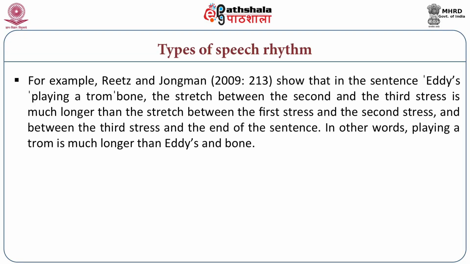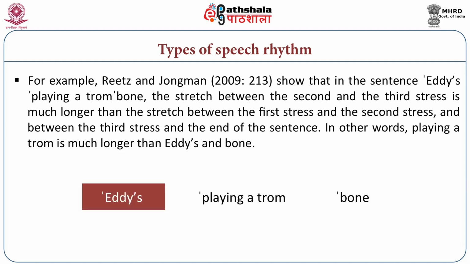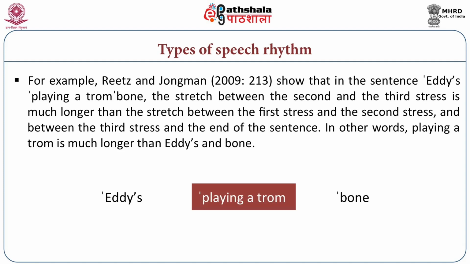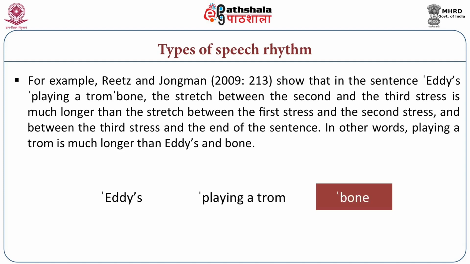For example, in a very useful book on phonetics, Reeds and Youngman show that in a sentence such as "Eddie is playing a trombone", we have three stresses, but the duration between them is not equal. So essentially you have three different stretches, starting from "Eddie is", then "playing a trom", and then "bone".